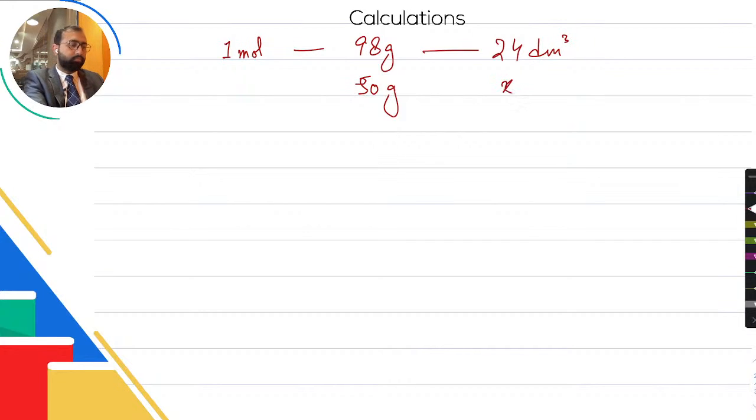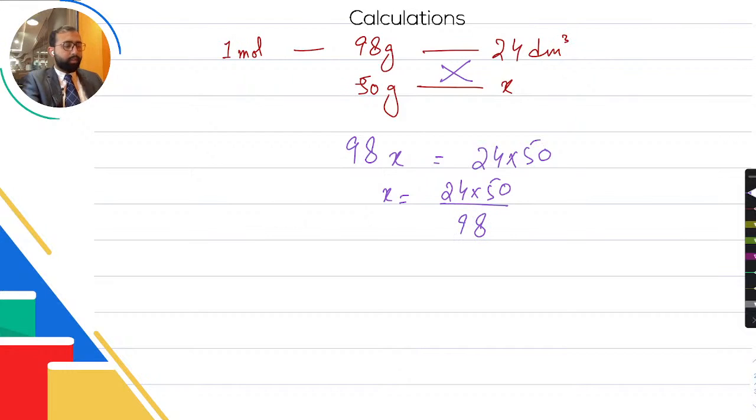X. Cross multiply, and there you have it. 98x equals 24 times 50. X is going to be 24 times 50 over 98. And what do we get? It is 12.2 dm cube. There you go. That's the power of moles.